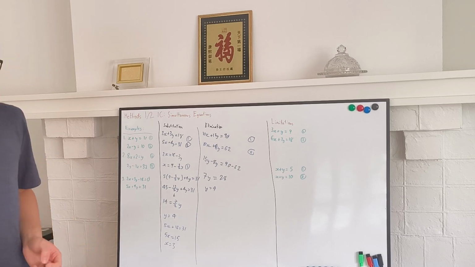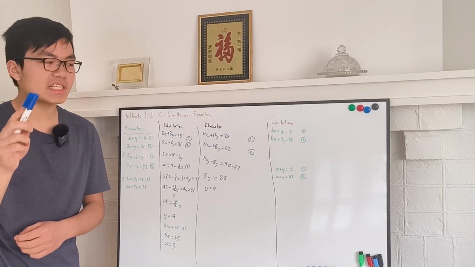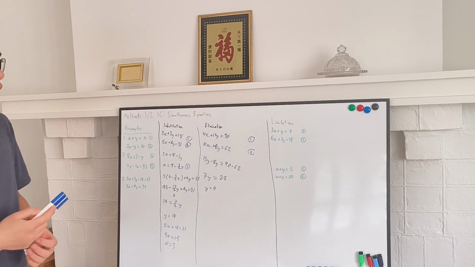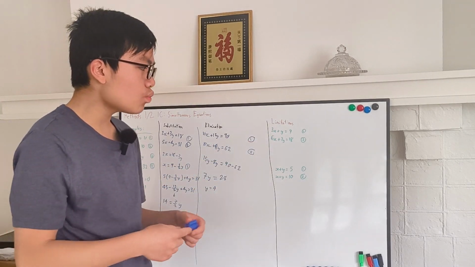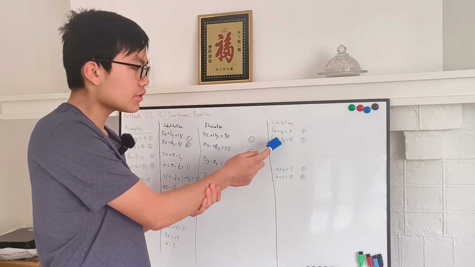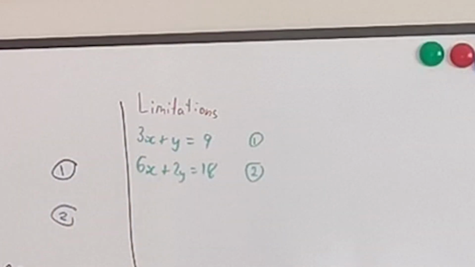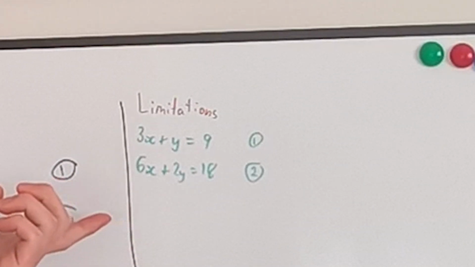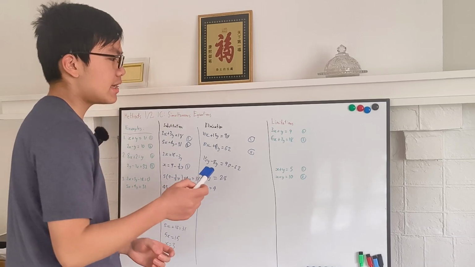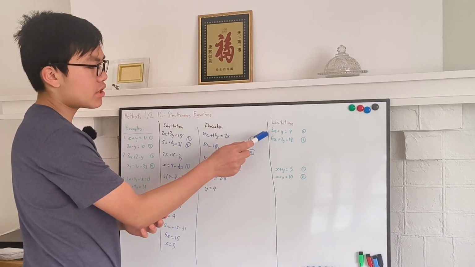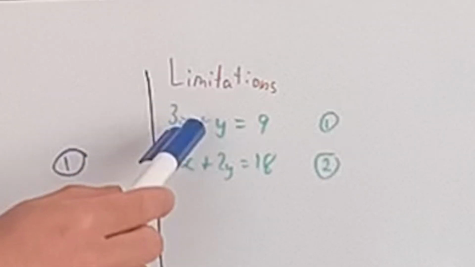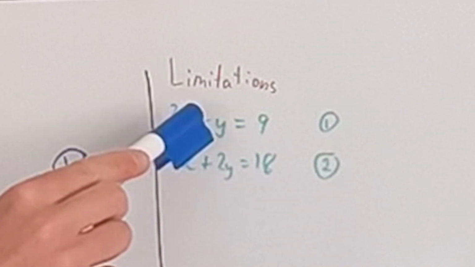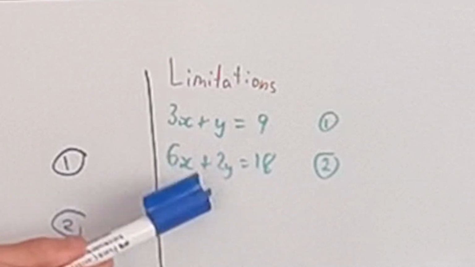But let's get into some of the limitations of simultaneous equations. You can see here, when we look at this first one up here, 3x plus y equals 9, and then the second one, 6x plus 2y equals 18. What you might realize is when you multiply the first linear equation by 2, let's pretend we're working with the elimination method, you get the exact same equation as the second one.